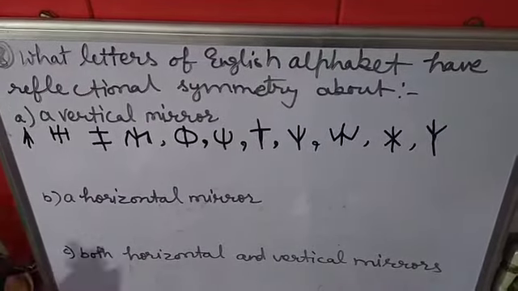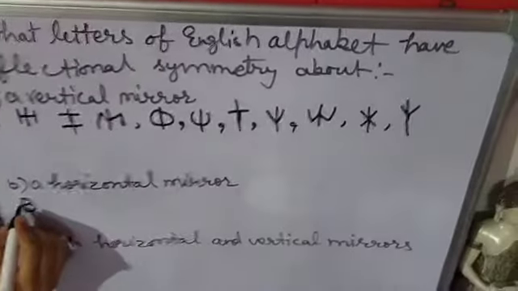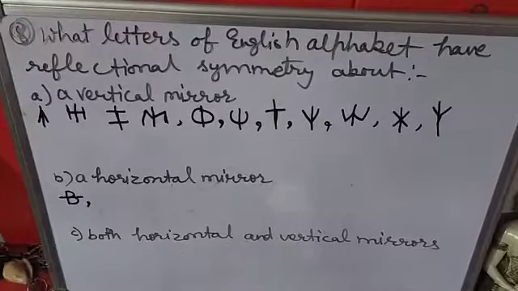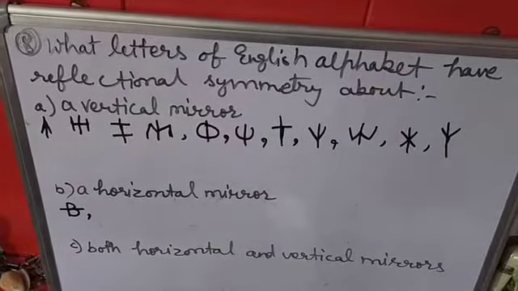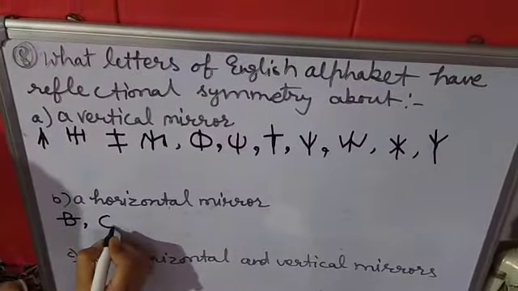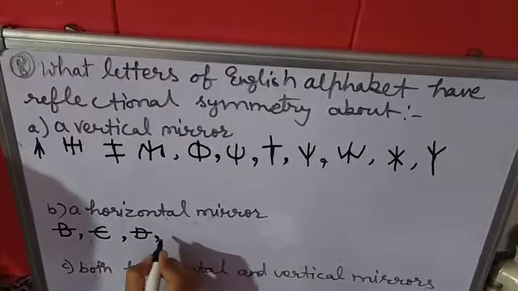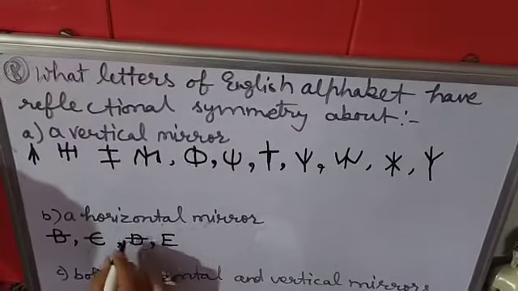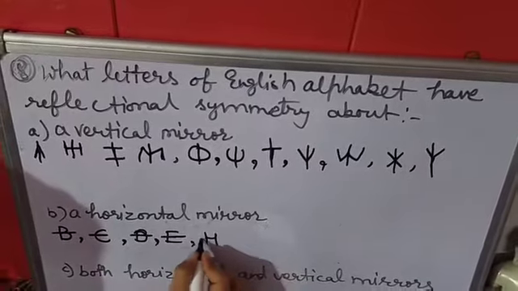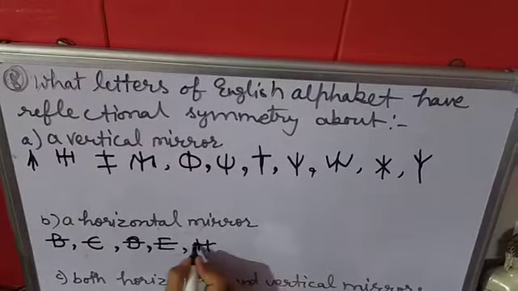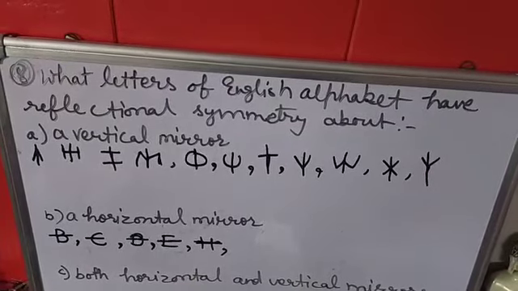Now horizontal. Horizontal will be B. Okay. Horizontal means like this, and sleeping line you have to draw. Then C, D, E, H. After H, what will come?